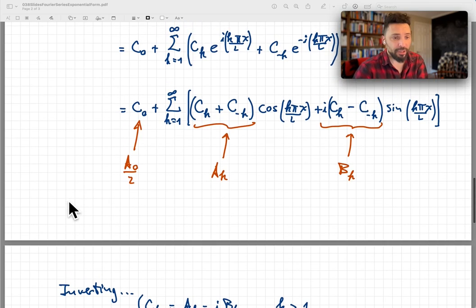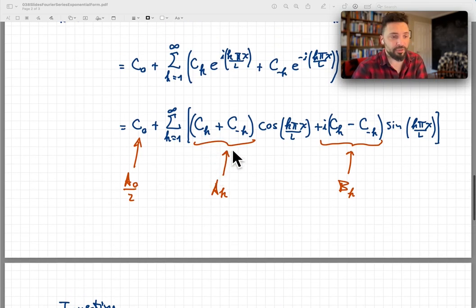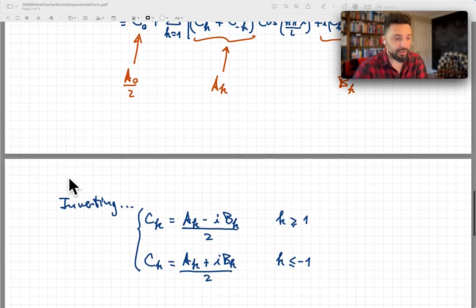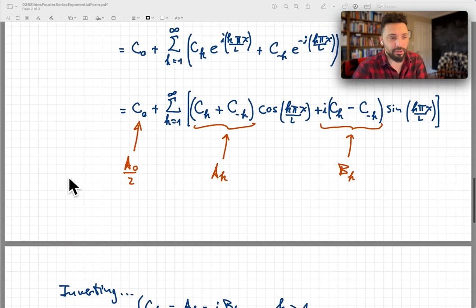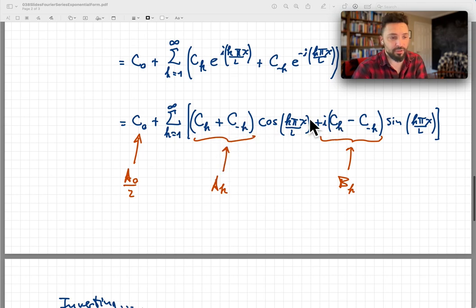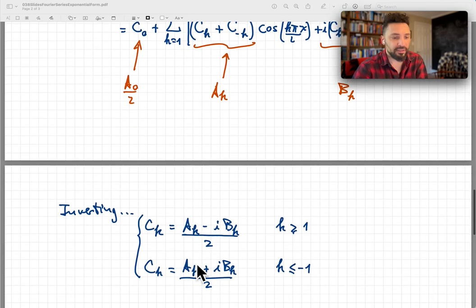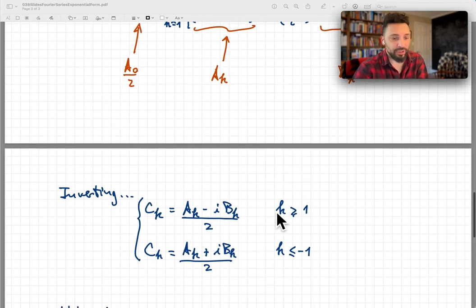Good. By the way, we can then invert that relationship. So this gives us ak and bk in terms of ck, but what about the other way around? Yes, we can do that. If you multiply bk by minus i to get rid of this i, then you can sum the two, and you can obtain 2ck, so you divide by 2 and you obtain ck, and that's for k greater or equal to 1.